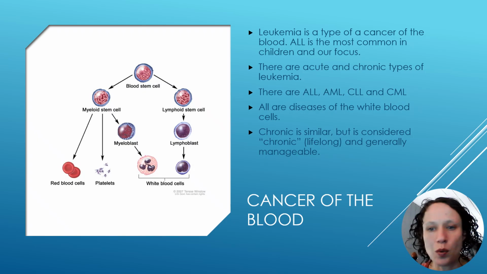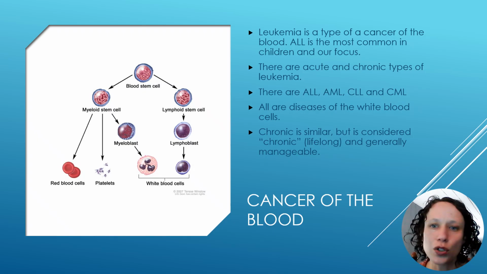So when we're talking about leukemia, it's the main type of cancer of the blood, okay? And with leukemia, ALL is the most common leukemia, and it is especially the most common in children, and it's one of our main focuses.